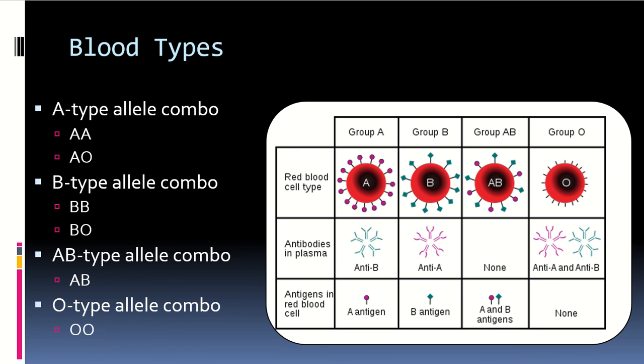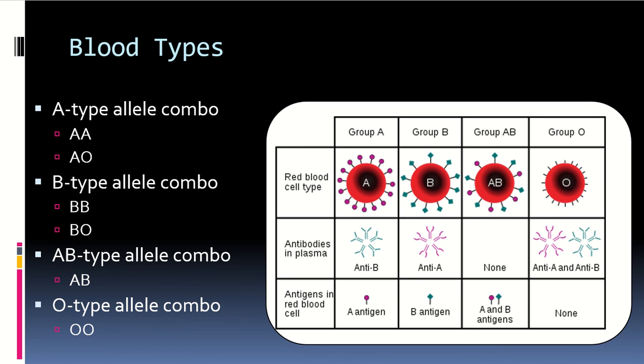That tells the body that A is something that should be in the body normally. Well, if someone was given foreign B blood, so blood type B blood in their body, the body would not recognize those B antigens as native to the body, and the human body would form anti-B antibodies, which will attack the B blood.